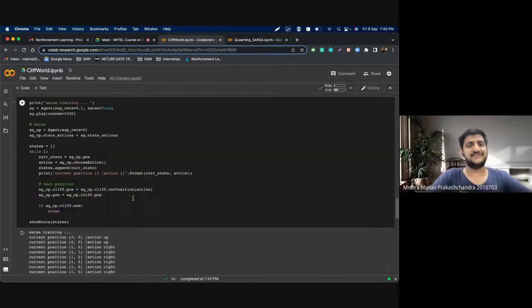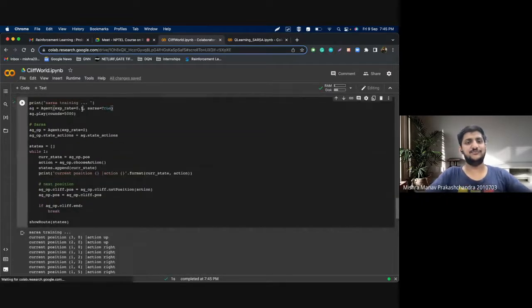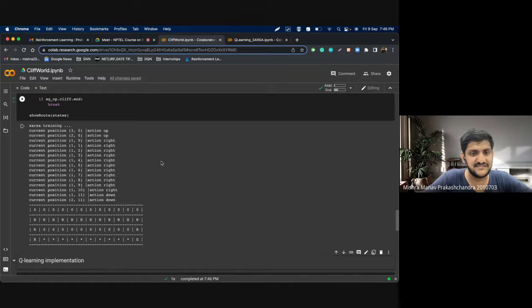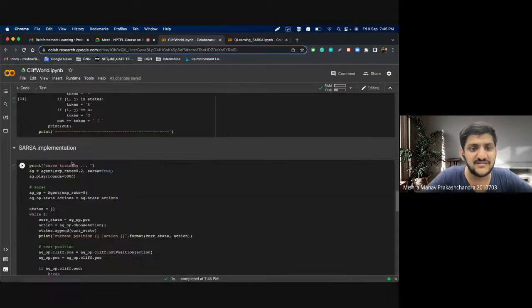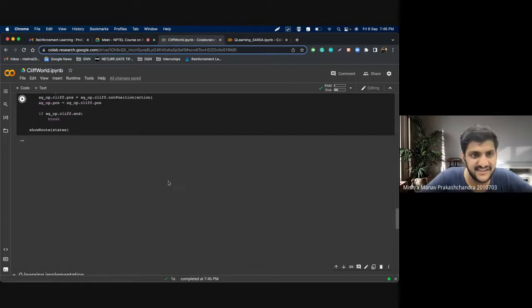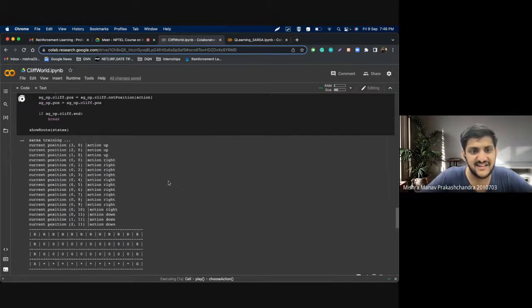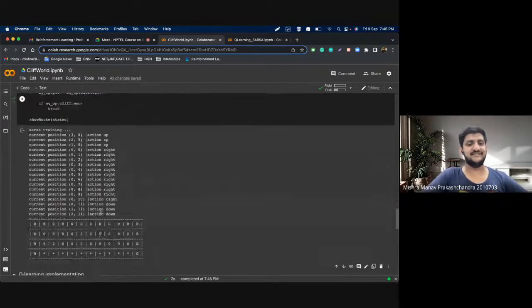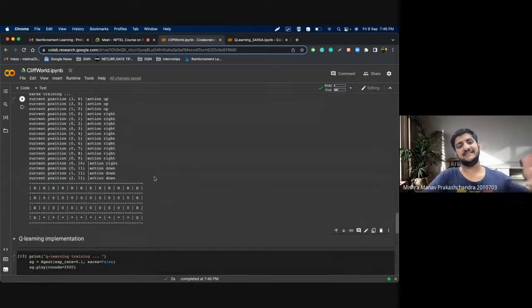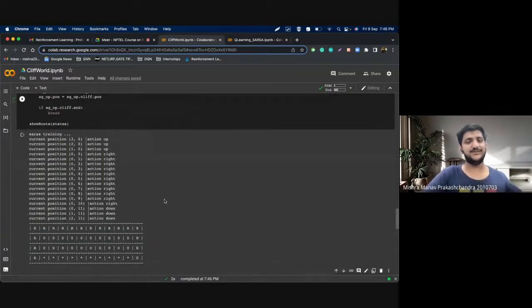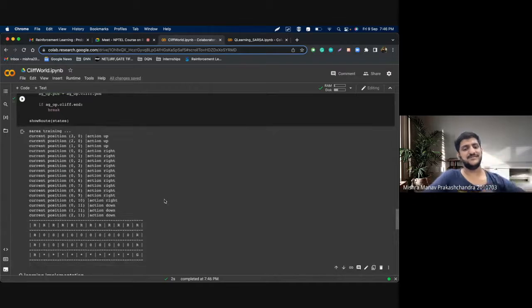I probably need to make the exploration larger. Strange, it was happening before. See, if I make the exploration 0.3, it's choosing a safer path. So it depends on the exploration that you're using and the number of episodes that you're training it on.